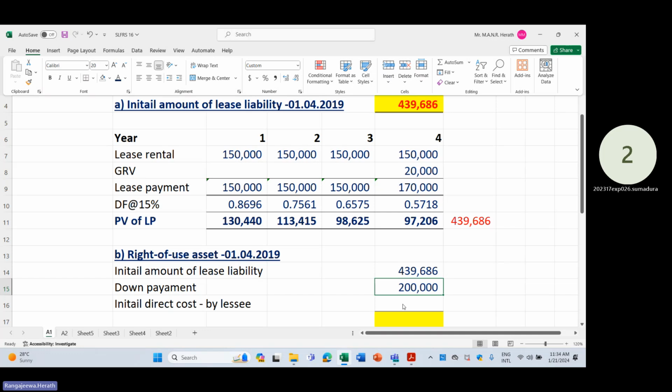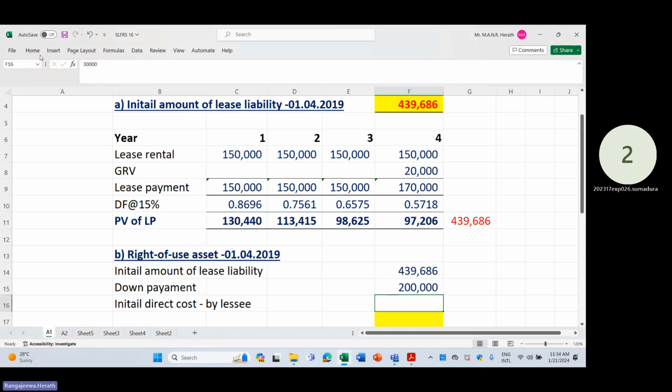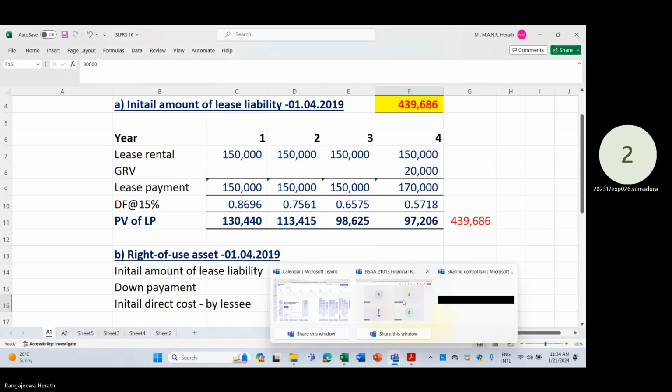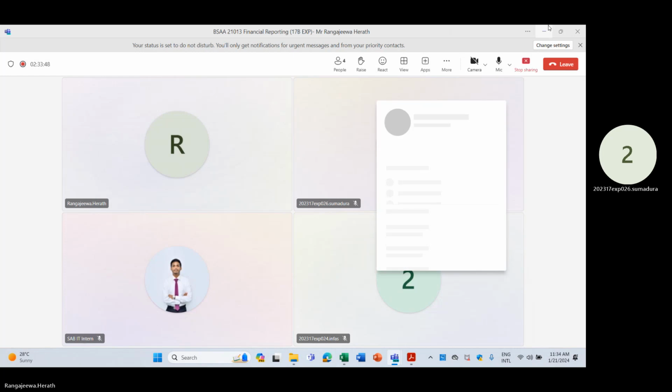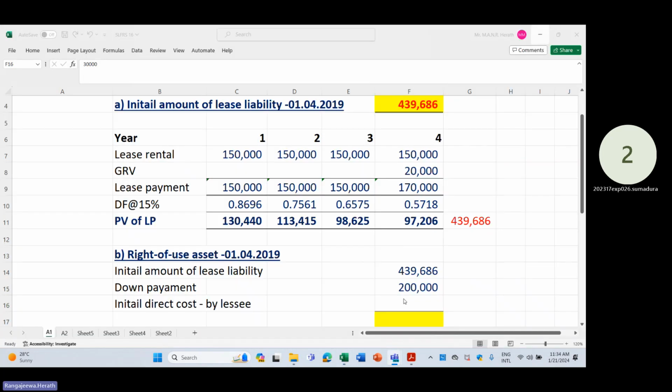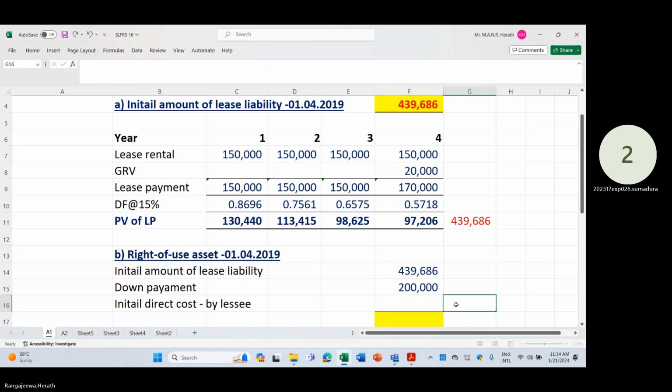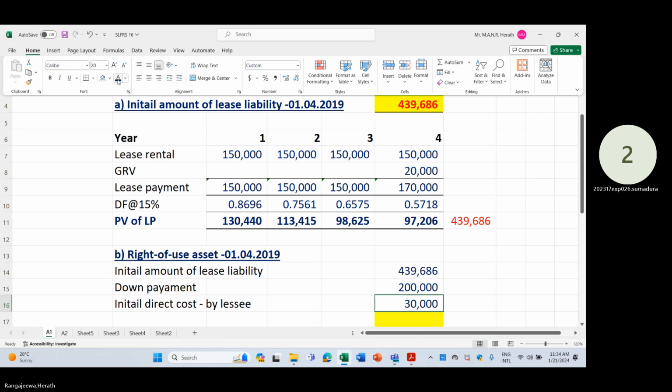And any initial direct cost, that also we credit cash and debit right of use asset.